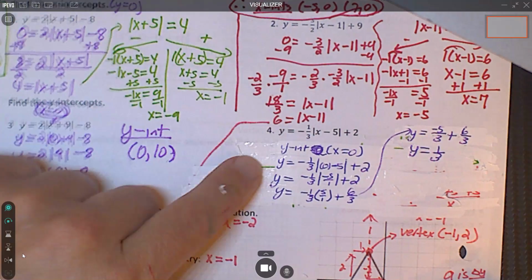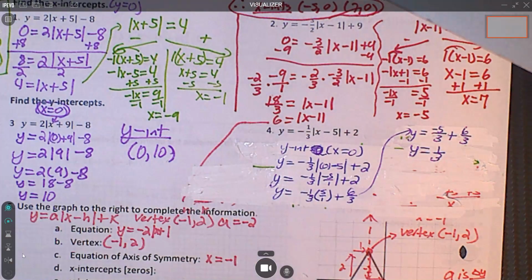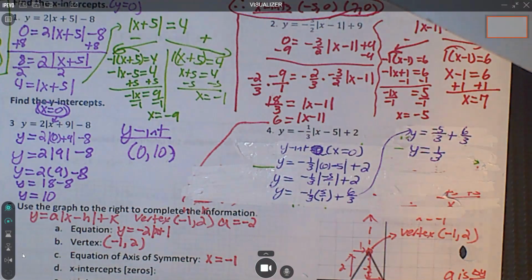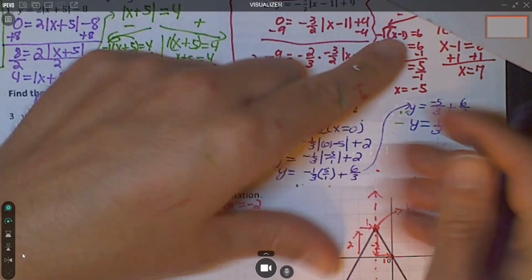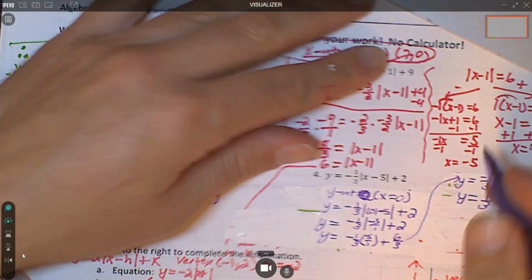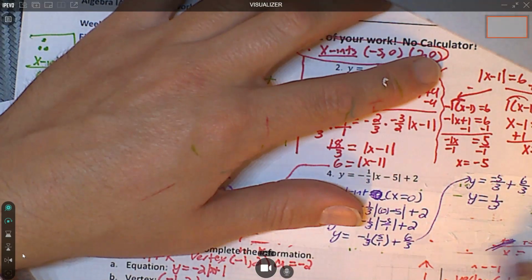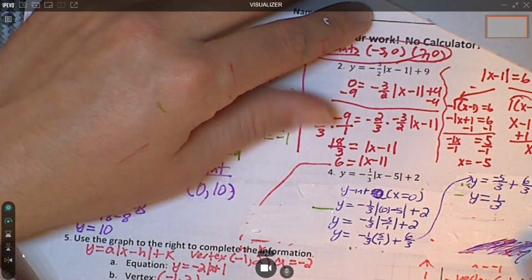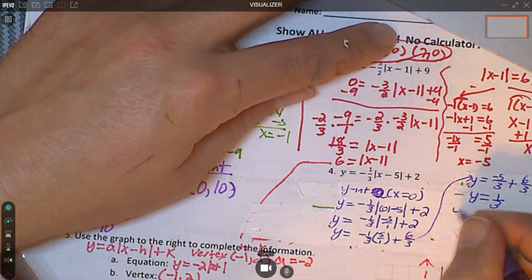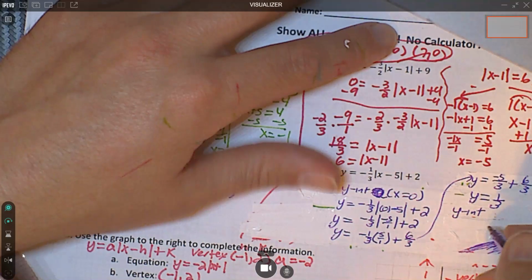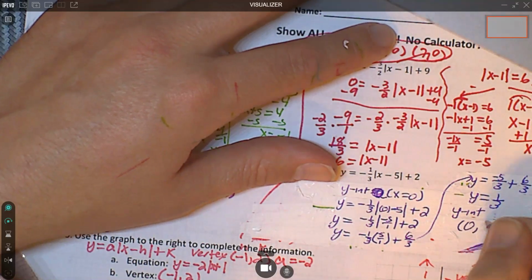So I did negative 1/3 times the absolute value of negative 5, which was 5, which turned into negative 5 over 3. Then I did plus 6 over 3, and I got 1/3. My y-intercept is 0, 1/3.